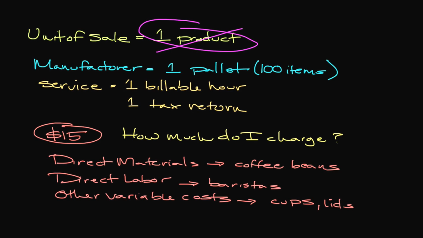If it costs me $15, I know that I need to price myself higher than $15. Now, how much higher depends upon the type of business that I run, the products that I sell, and whether there are substitutes available, because if there are a lot of substitutes in the market, I can't charge drastically higher prices since there are other alternatives available. So I have to take those into account.